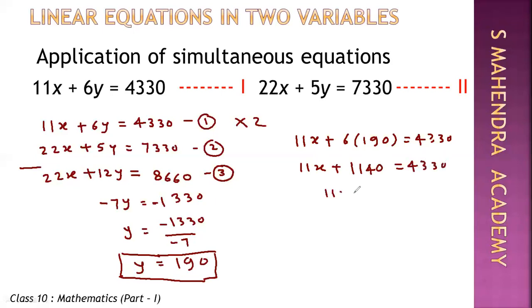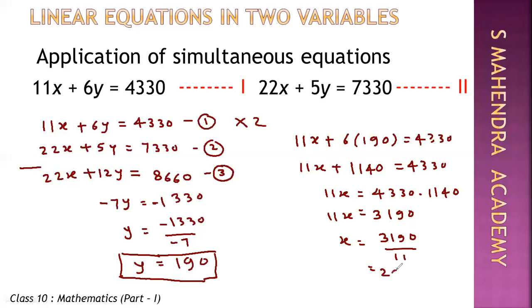So 11x is equal to 4330 minus 1140, and the value is 3190. So x will be 3190 divided by 11, and the answer will be 290. So the selling price of analog wristwatch is 290 rupees.